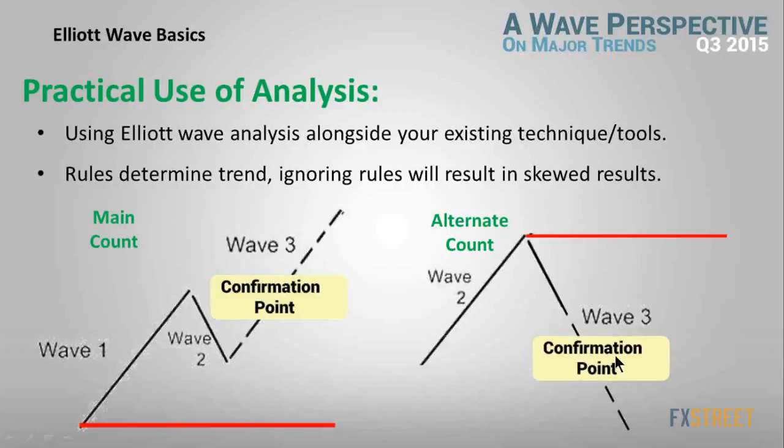On the other hand, if the alternate count's confirmation point was reached, we shift our focus to the alternate count and trade according to its expectations. One last note about confirmation points is that they may be used as entry points.